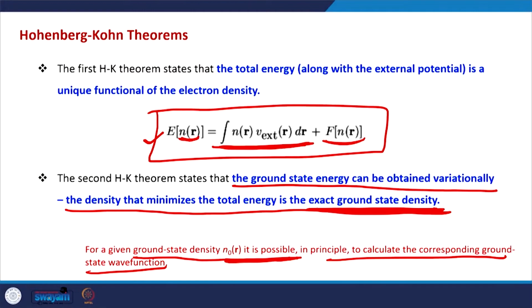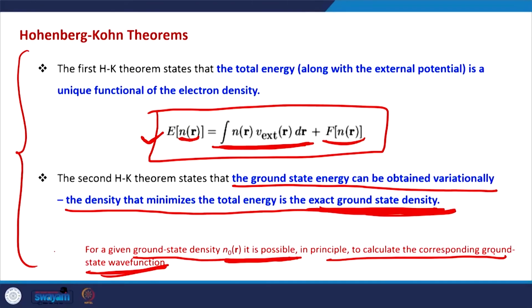But they do not tell us how to calculate the electron density. These HK theorems tell us that the total energy of the system is a functional of electron density, and the electron density that minimizes this energy functional corresponds to the ground state density. And from the ground state density we can calculate the corresponding ground state wave functions, and from there we can calculate all the electronic properties, all other properties of the system.